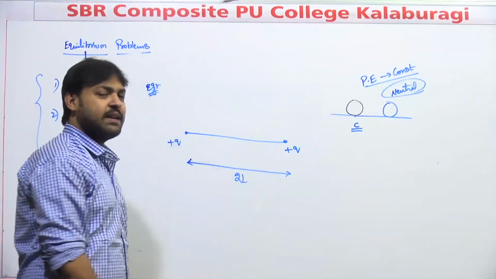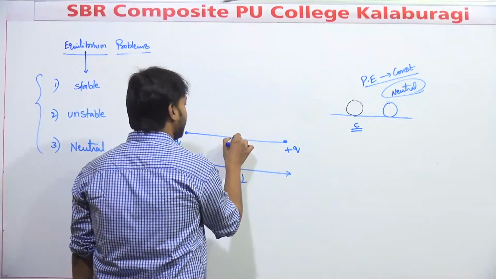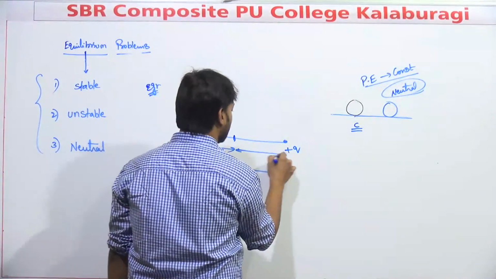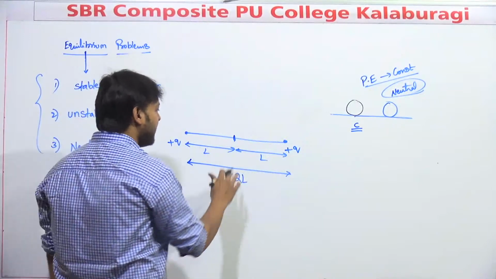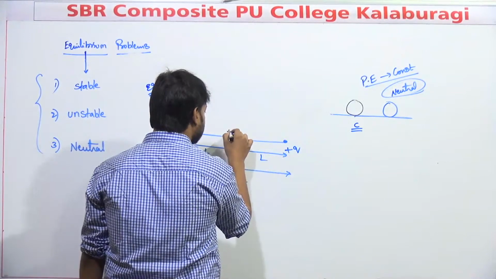Now at the midpoint of the two charges, assume this distance is L and this distance also L. At the midpoint of the two charges, I placed another charge, assume plus Q again.